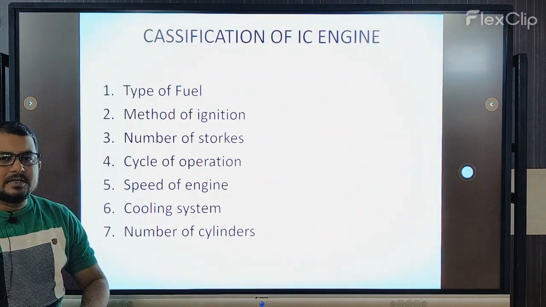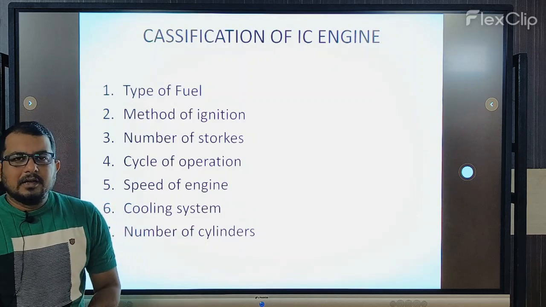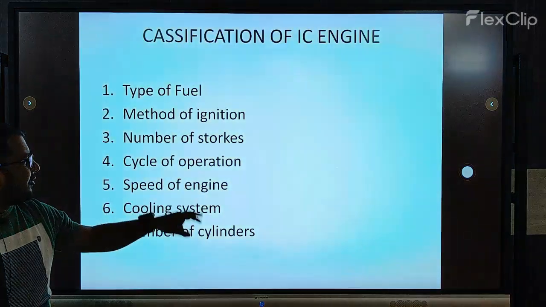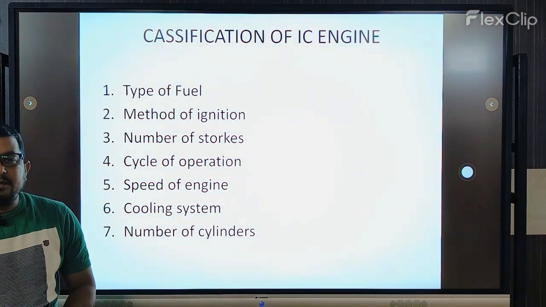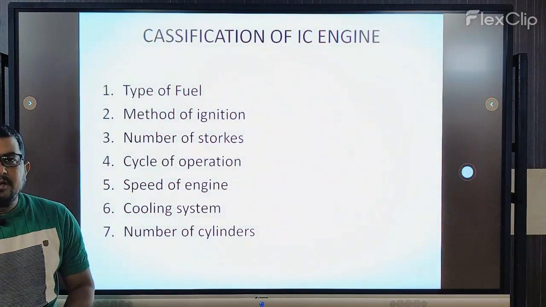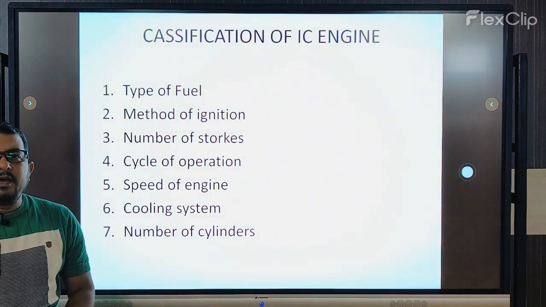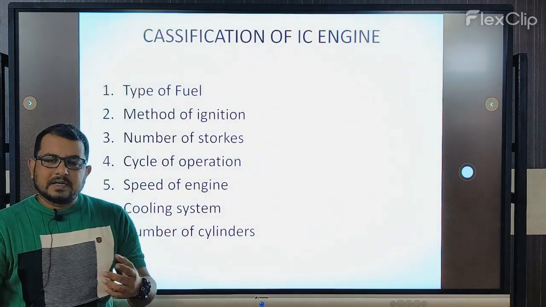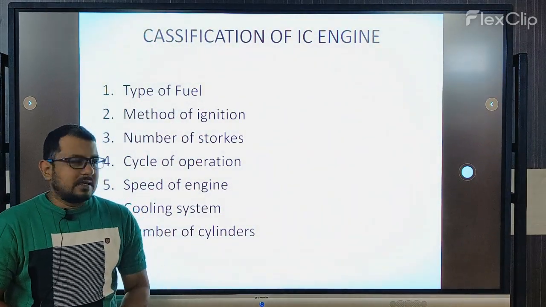According to cycle of operation, we have Otto cycle, diesel cycle and dual cycle. According to speed, we have high speed and low speed engines. According to type of cooling system, we have air cooled and water cooled engines. According to number of cylinders, we have single cylinder and multi-cylinder engines.